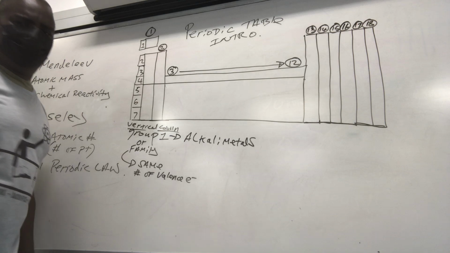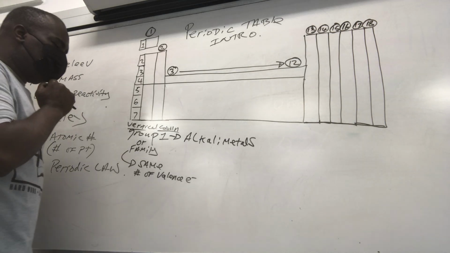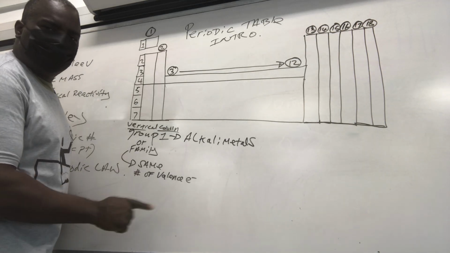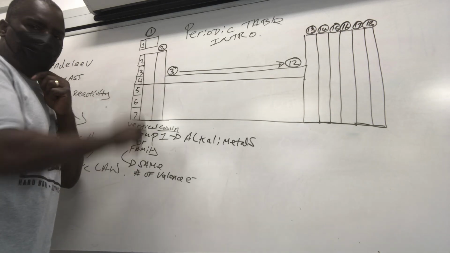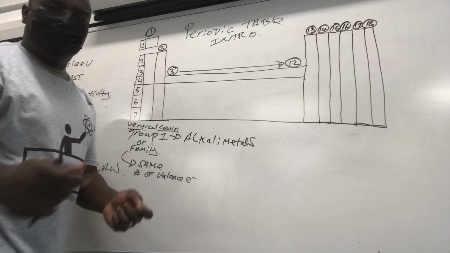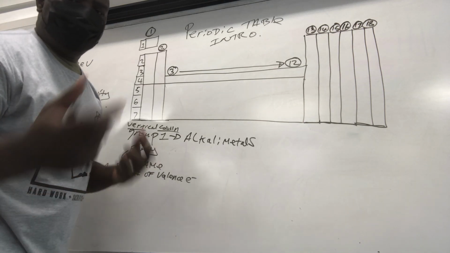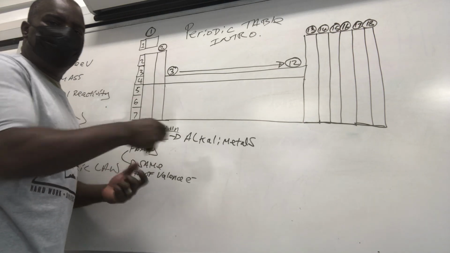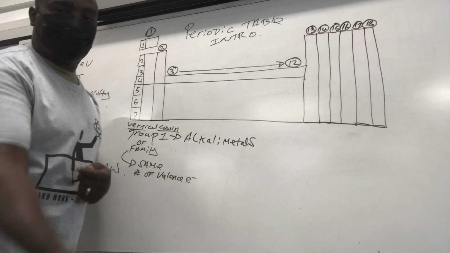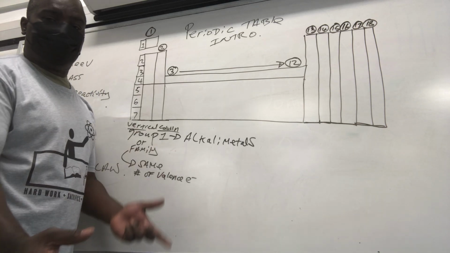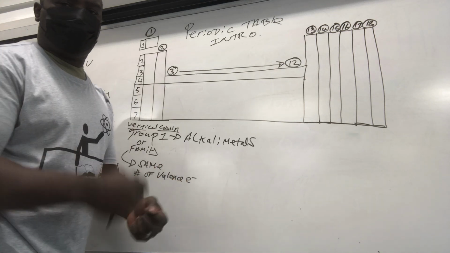Sometimes the transition metals could be a little strange. But definitely very important to know they have the same number of valence electrons. And the reason why they're in a particular group or family is that when you have the same number of valence electrons, you tend to behave the same way in terms of how you treat those valence electrons. Sometimes you lose them the same way, not the same amount. Sometimes you gain them the same way. Sometimes you share them the same way, okay?